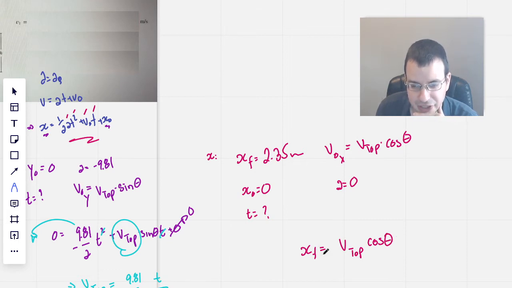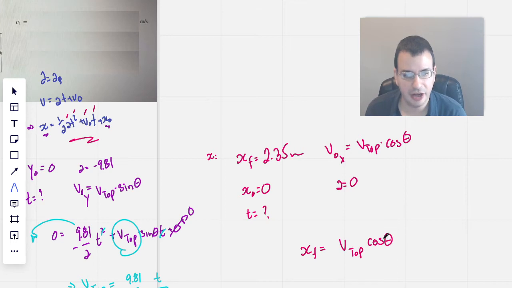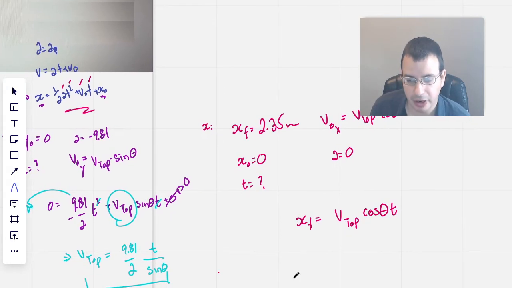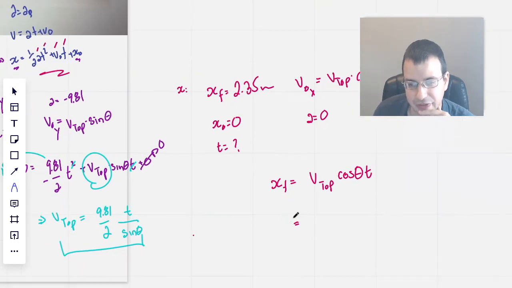So the final distance is V top times cosine of theta. Yep, I'm pretty good with that. And so, times T. So I'm going to plug in V top. That's okay. We'll end up backtracking to find out what velocity at the top is.